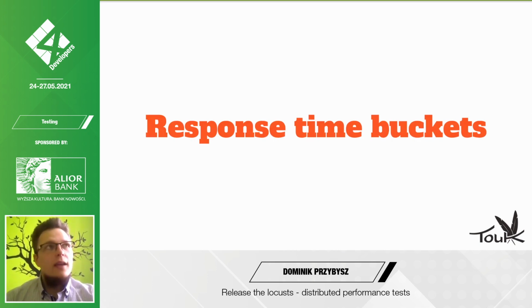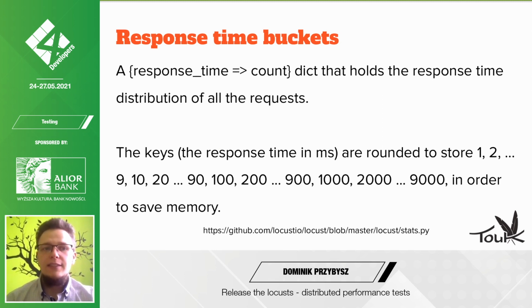Another problem, which wasn't a big problem for us, but it could be a problem for you, depending on how you want to write your test, is response time bucketing on the Locust side. Here, Locust maintains a dictionary of response time to number of occurrences of such response time, and to save memory and also to save space, to make smaller messages exchanged on 0MQ, such response times are rounded.